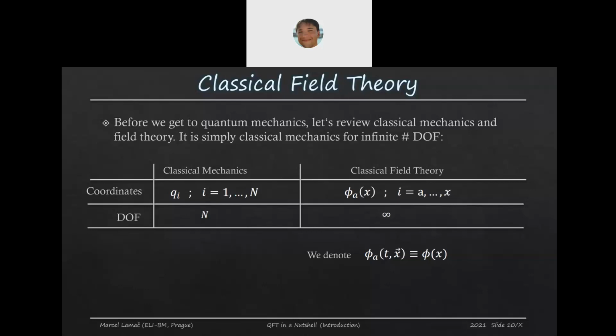But in both cases, it is an infinite number of degrees of freedom, because once again, we have an infinite number of values at each point in space that evolve in time, similarly as, for example, the position of the free particle evolves according to Newton's law.